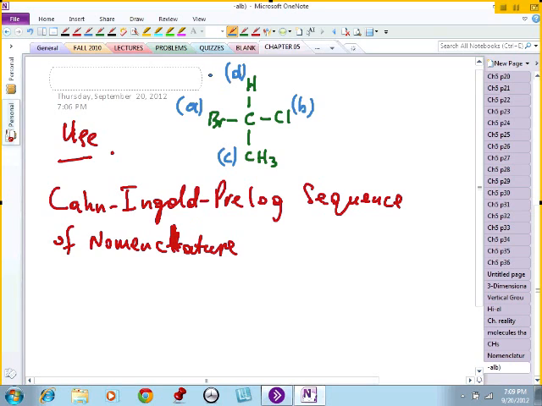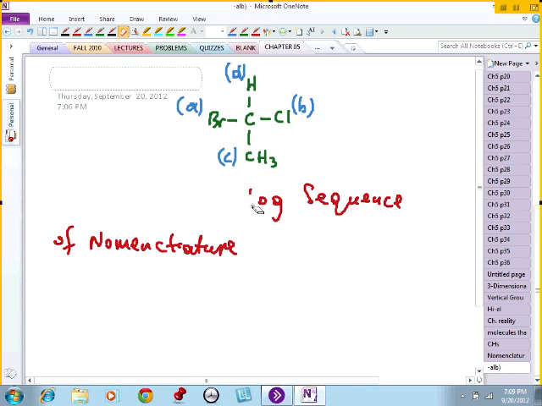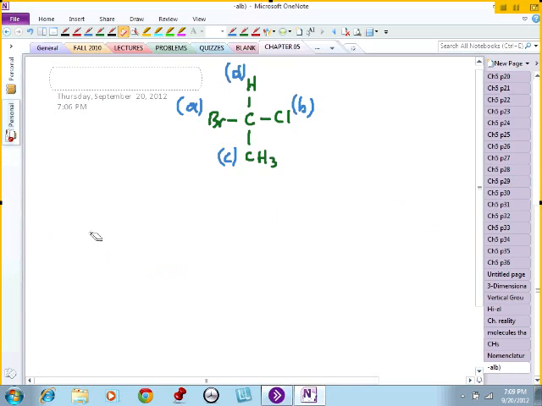Now, according to this sequence rule, to name this compound, you make a motion from priority A, you go to priority B, and then you go to priority C. Ignore priority D. Completely ignore it.